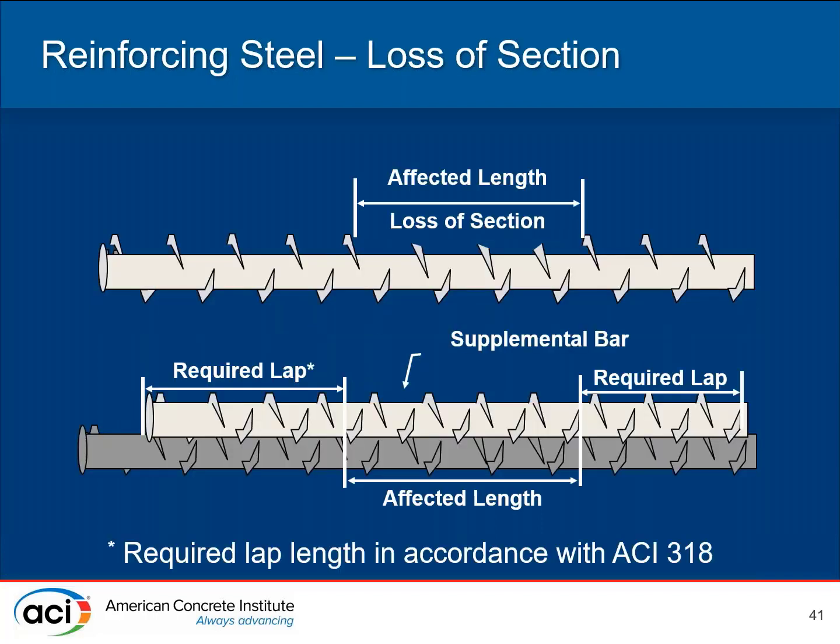The easiest way to do that is to lap in a new supplemental bar. Easy conceptually, most of the time it's fine. With some of the bigger bars, however, it can be a little bit challenging because the required lap lengths, which need to be determined per ACI 318, can be very, very long.